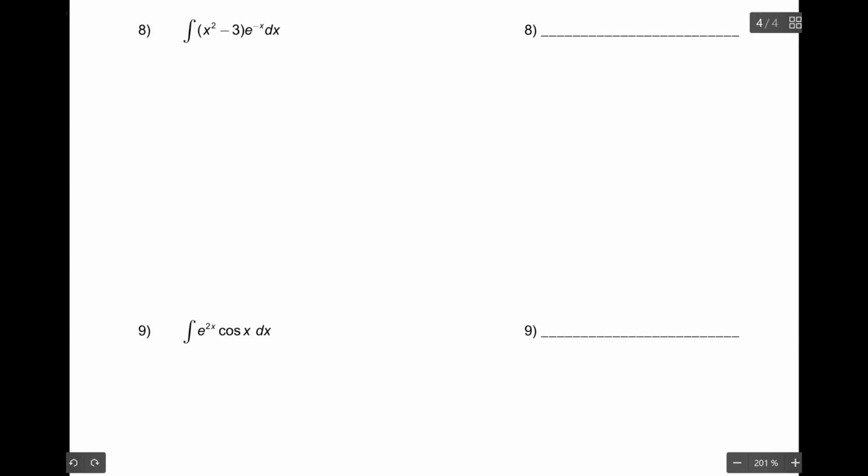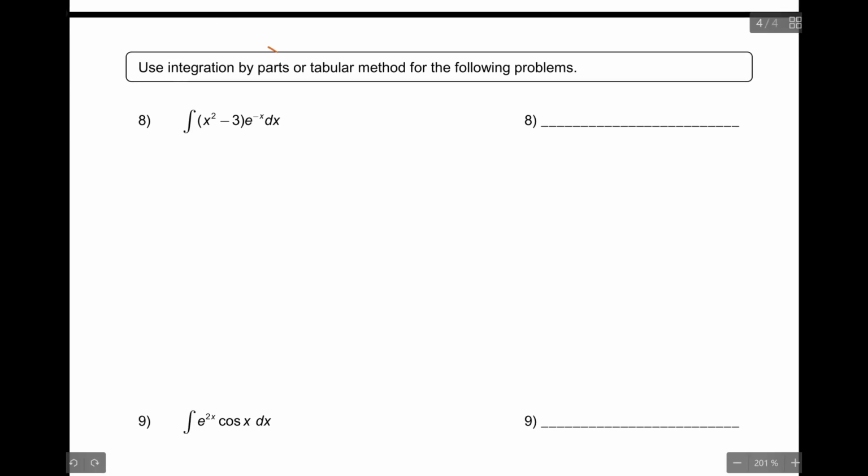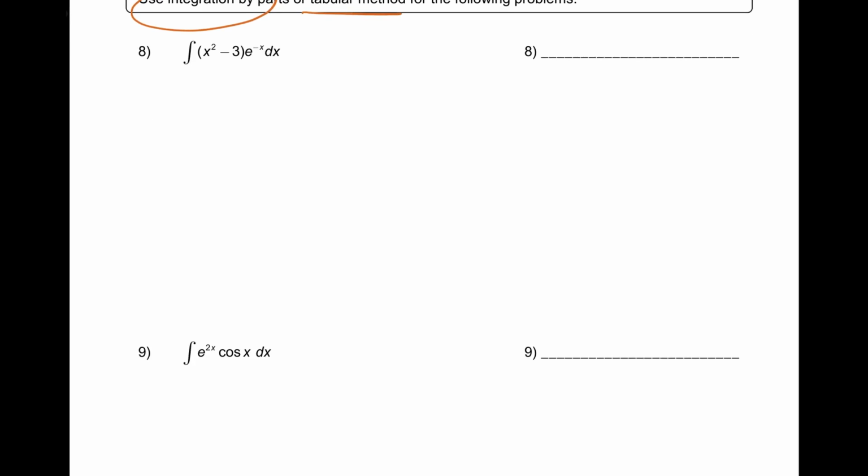Number 8. Okay, last 3 problems. All right, integration by parts or tabular method. So let's think, it's basically the same thing. Tabular method is integration by parts.